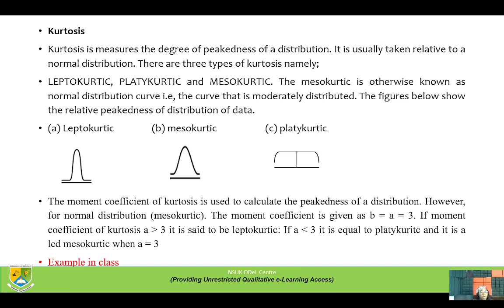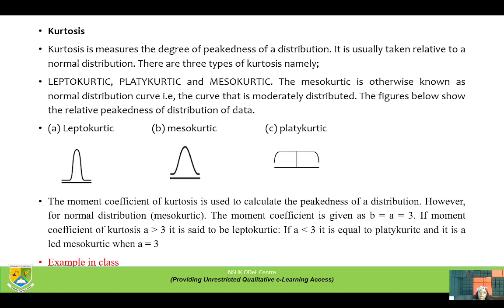Then let's move on to kurtosis. Kurtosis measures the degree of peakedness of a distribution. It is usually taken relative to a normal distribution. There are three types of kurtosis. A distribution can be leptokurtic, platykurtic, or mesokurtic.